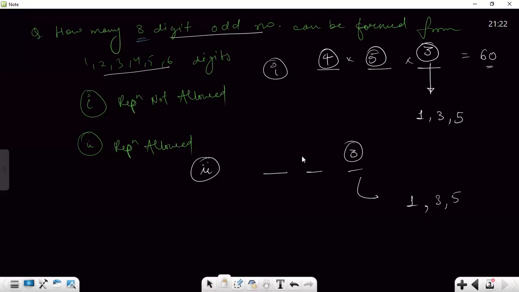So how many digits do we have now? All 6 digits. All 6 digits for this place also. Great. Dependent events, 6 into 6 is 36, into 3. Yes, 36 into 3 is 108. Clear, everyone?